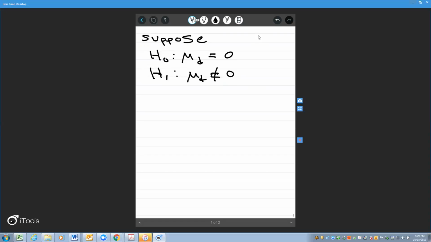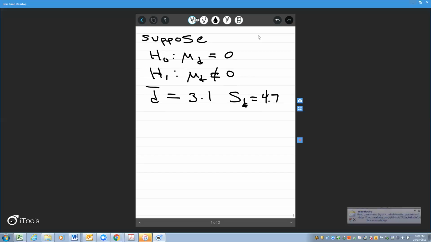And I tell you that d bar is equal to 3.1 and that S sub d is equal to 4.7 and that N is equal to 16.